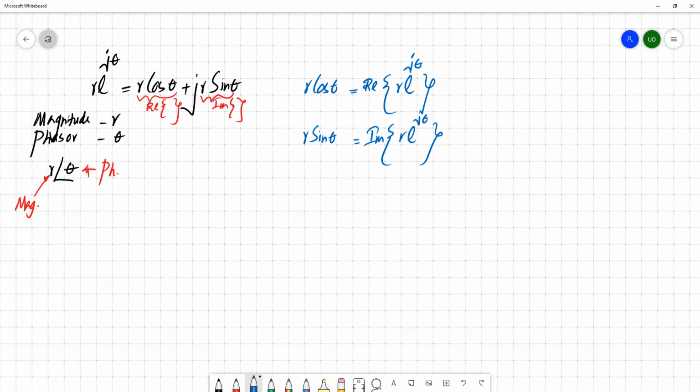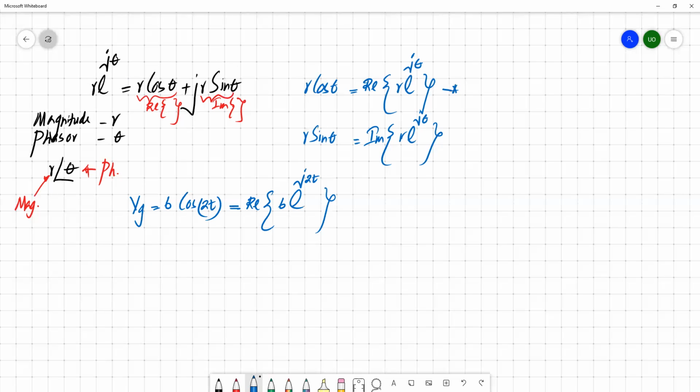So here we have Vg as 6 cos 2t. Based on this argument, this equals the real component of 6 e to the power j2t. So 6 cos 2t is the real component of 6 e to the power j2t.